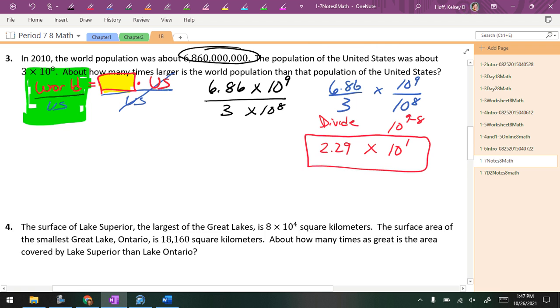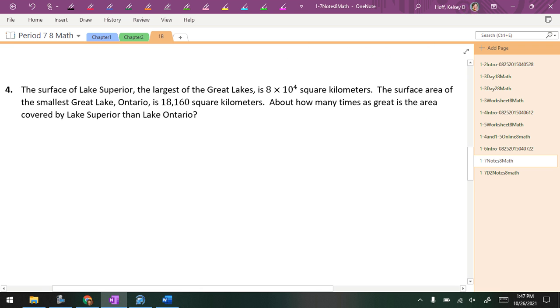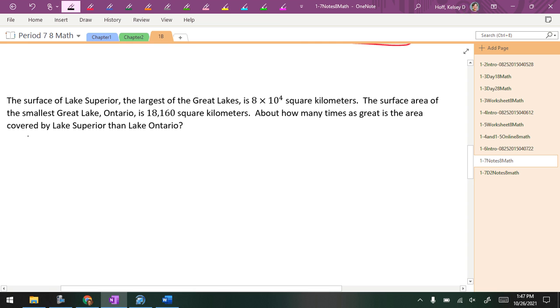The surface of Lake Superior, the largest of the Great Lakes, is 8 times 10 to the 4th square kilometers. The surface area of the smallest Great Lake, Ontario, is 18,160 square kilometers. About how many times as great is the area covered by Lake Superior than Lake Ontario? How many times as great is Lake Superior? So Lake Superior is larger.